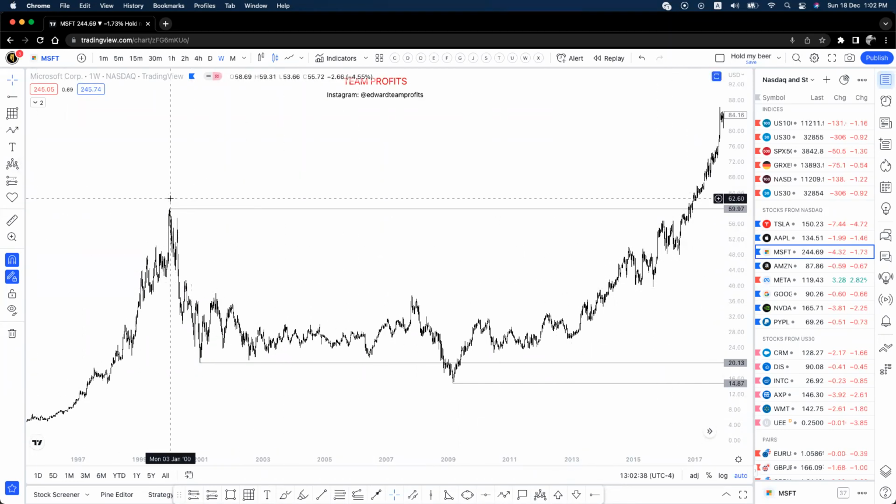But when you do the math, this is 99, right? The market broke above in 2016. How many years did it take for Microsoft to recover?